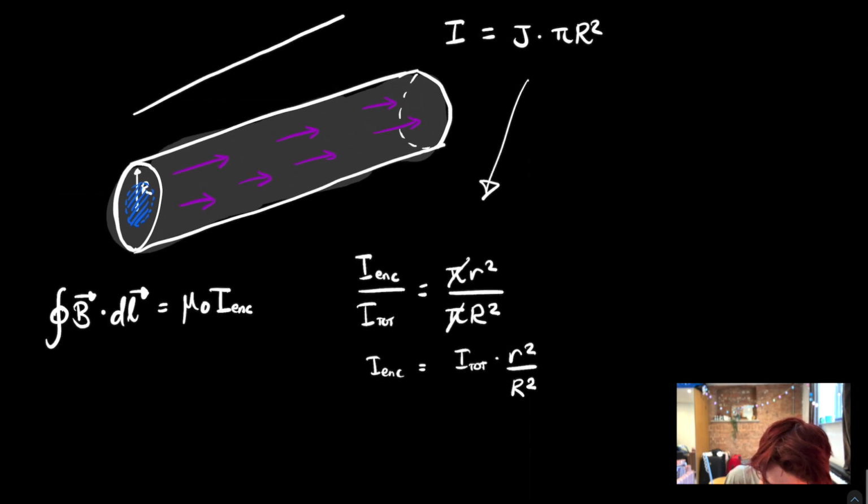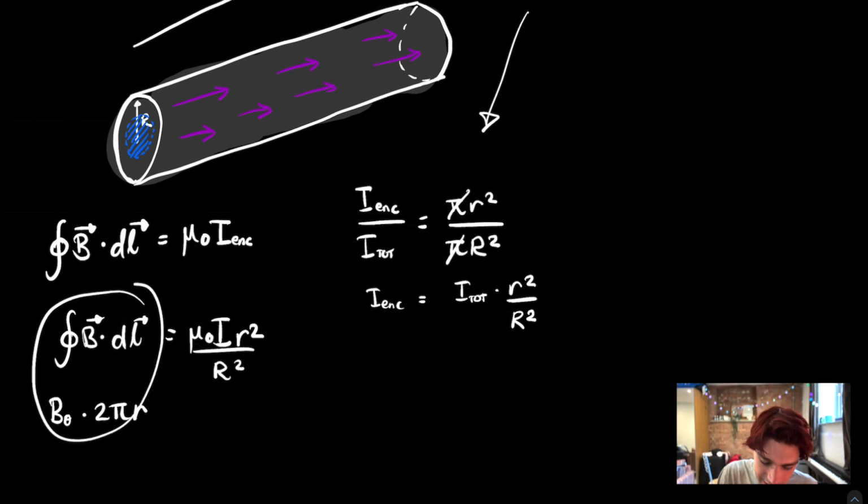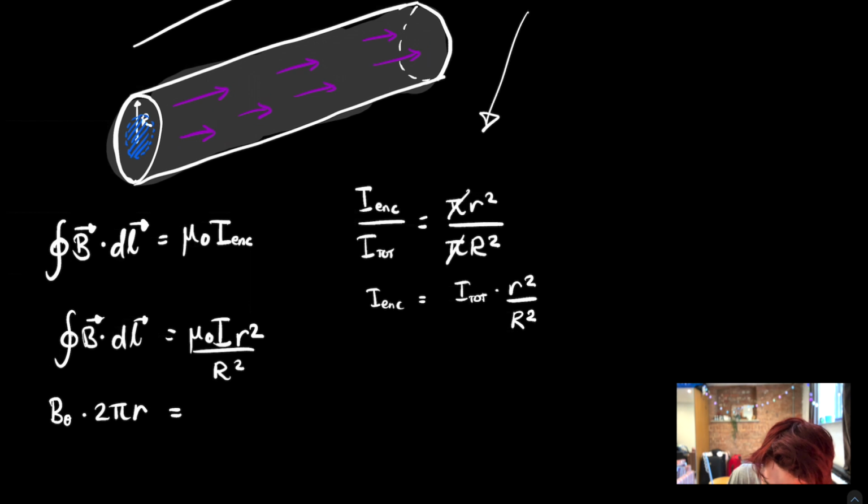So let's go ahead and substitute that in. So what's going to happen? Well, this integral, because we're doing essentially the exact same integral over our closed loop, is just going to equal B theta times 2 pi r yet again. So this side of the equation will stay the same. But now, of course, we have a different thing on the right. We're going to have mu naught I r squared divided by capital R squared.